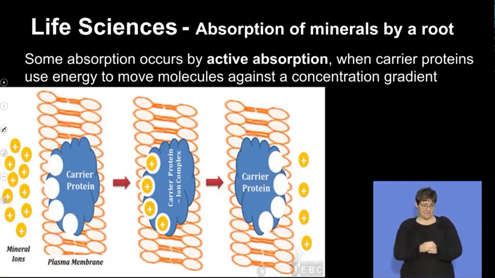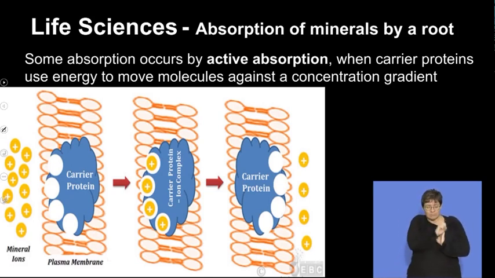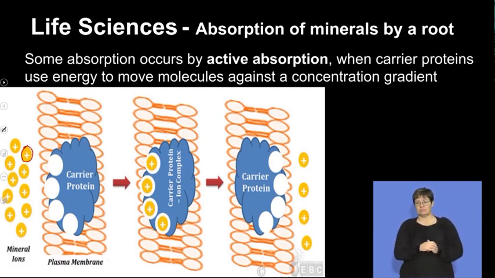And that is they use something called active transport. And this you should have done in your section on cells as well. Active transport occurs when special carrier molecules use energy to get needed substances into the plant, even if it's from a low to a high concentration. So let's have a look at this. Here we have our needed minerals.